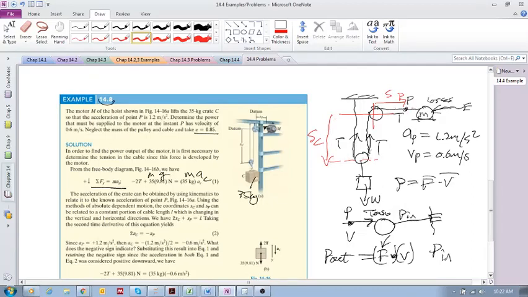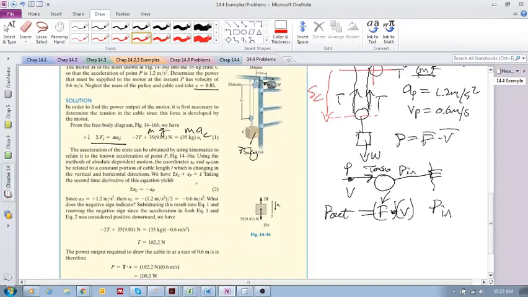That's the position of point P. Then we know that 2 times SC plus SP is the total length. If we take the second derivative, we're going to have 2 times AC plus AP is 0. And that's what we get there.